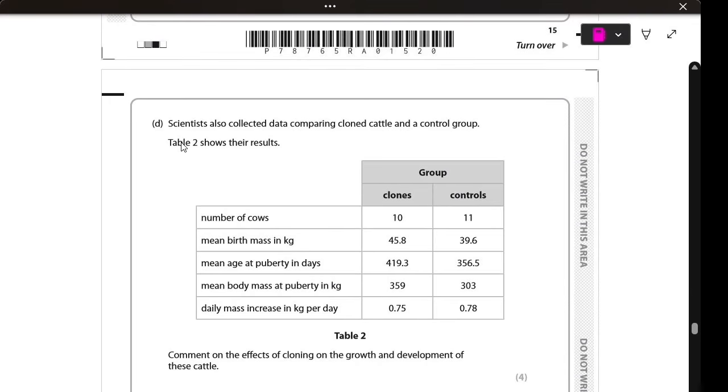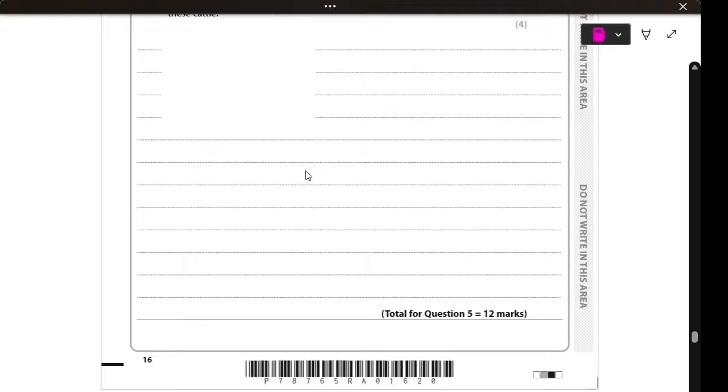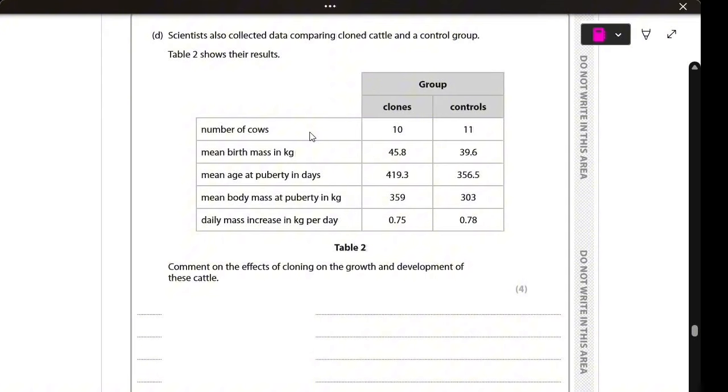Scientists also collected data comparing cloned cattle and control group cattle. So we can see the difference between the two. There were about 10 cloned cows and 11 control cows, which is small but about similar, but the mean birth mass was greater for cloned cows.